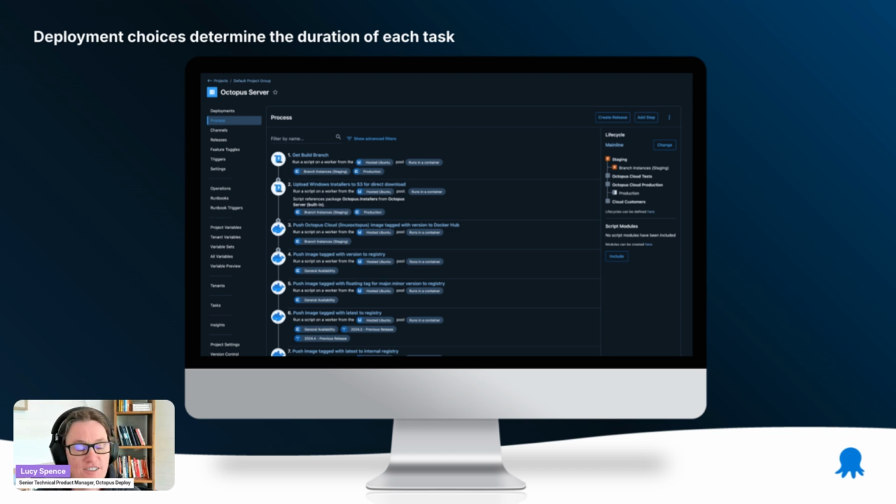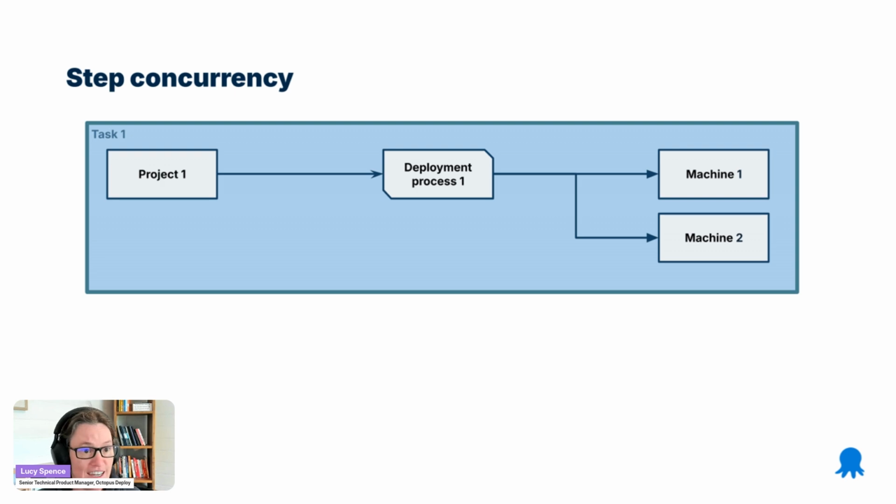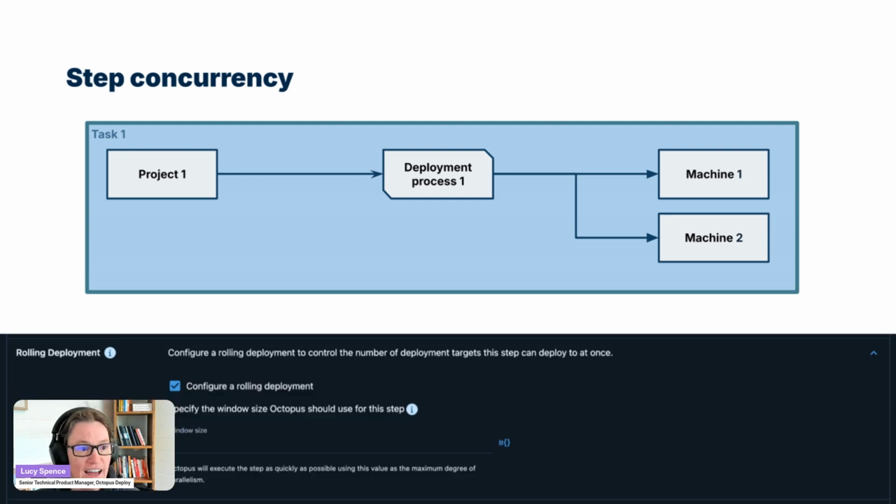And if you go back to the throughput definition we were talking about, it was the number of parallel tasks and the length of each task. And so this is one of the ways we can think about the length of each task. We looked at this model before: one project, 2 machines, 1 deployment process, that's 1 single task.